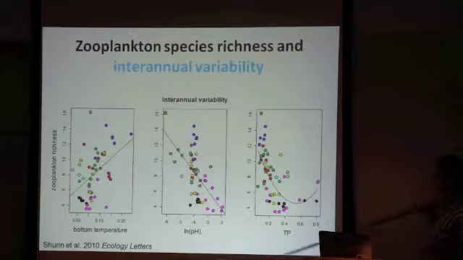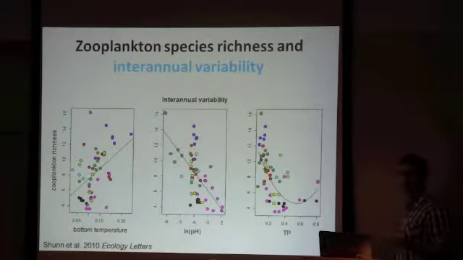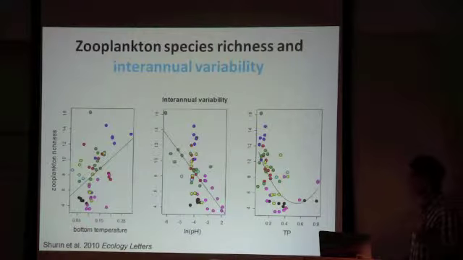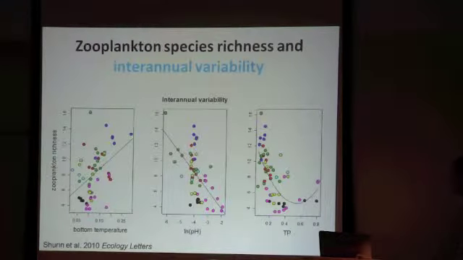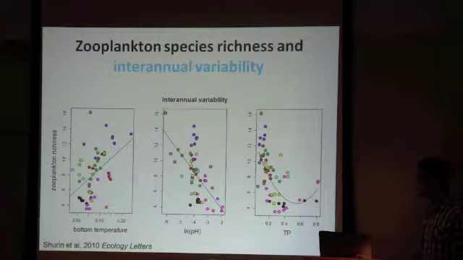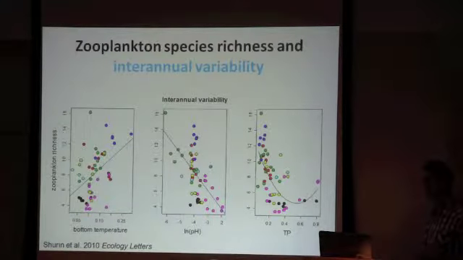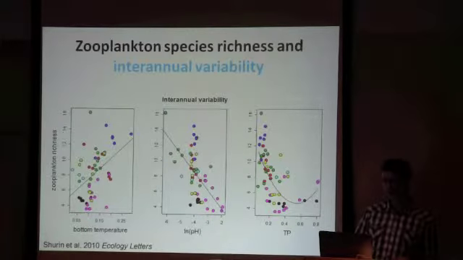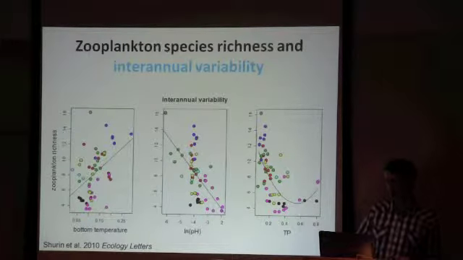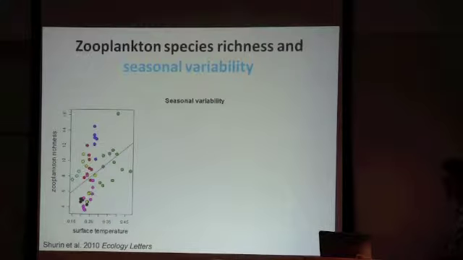So lakes like these that have high interannual variability generally underwent eutrophication or nutrient pollution, became excessively productive, or were recovering from such eutrophication, and they tended to have few species. So the average of total phosphorus didn't matter for diversity, but the variability in total phosphorus was important for how many species we found.